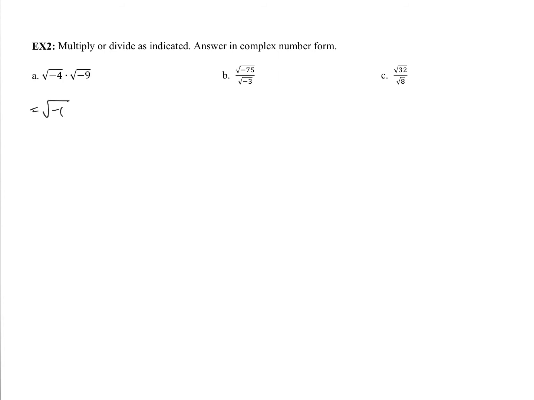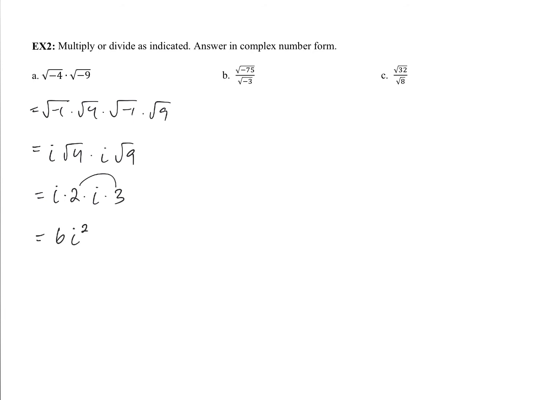So that'll be root negative 1 times root 4 times root negative 1 times root 9. Then we get our real number parts. And then we can get the i times 2 times i times 3. And we have 2 i's, so that is going to be i squared. And then the 2 times the 3 is 6, so 6i squared.